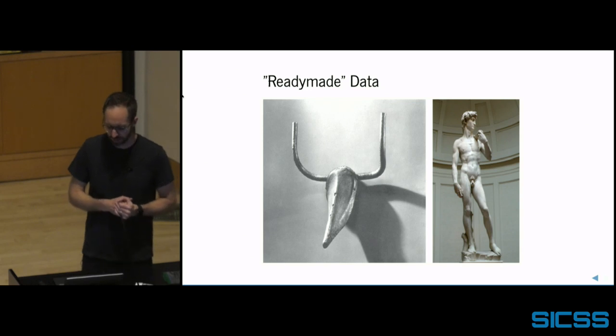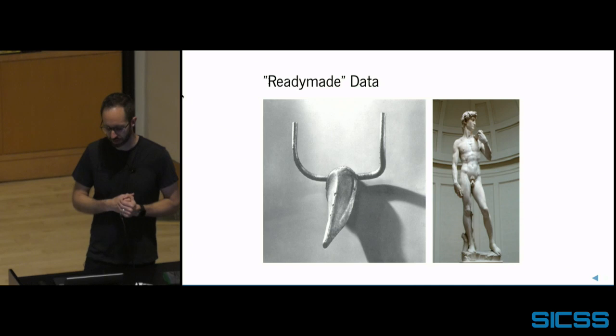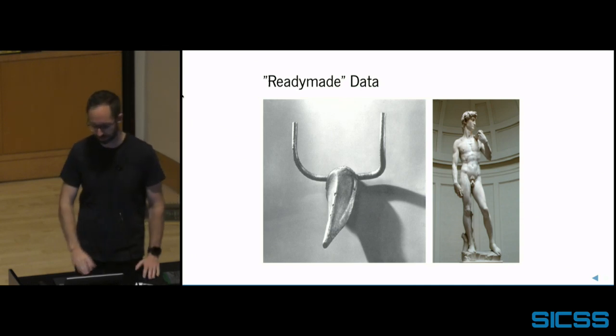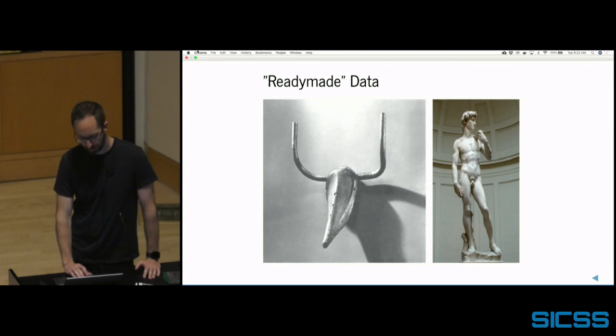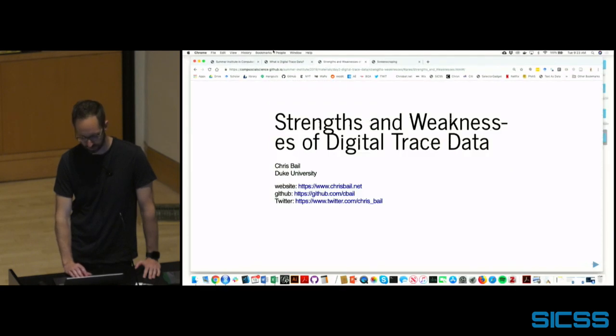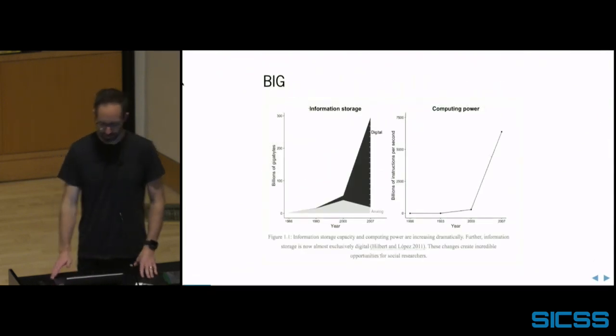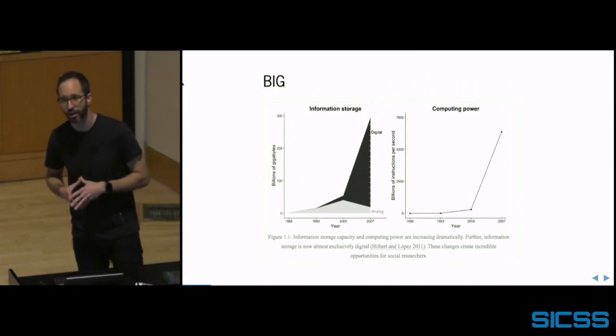And so a lot of what we need to do as we approach these data is think about what we can take that's good and what we can jettison that's bad. So I'm going to move now into the second section of these slides today, the strengths and weaknesses of digital trace data. So we're a positive group. Let's begin with the positives.